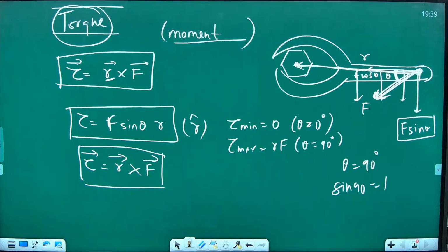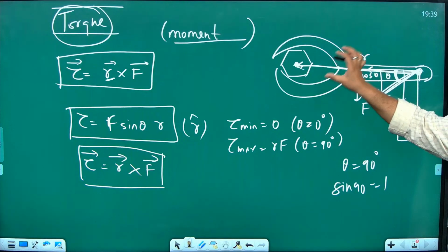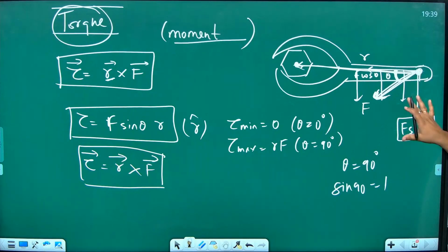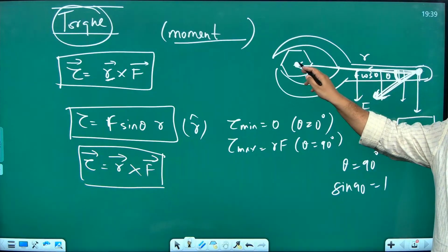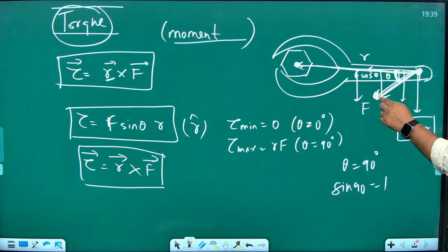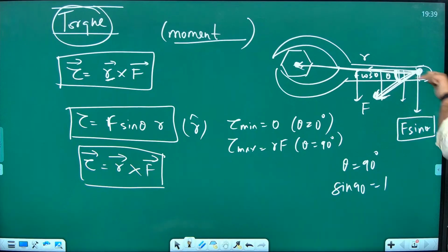I said that when you have a spanner trying to open the nut, I am applying a force which makes an angle theta with the line joining the axis of rotation with the point where we apply the force. When I resolve this force into two components, I have F sin theta and F cos theta.